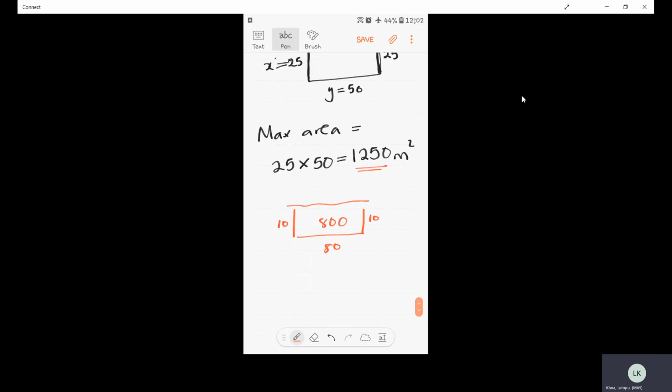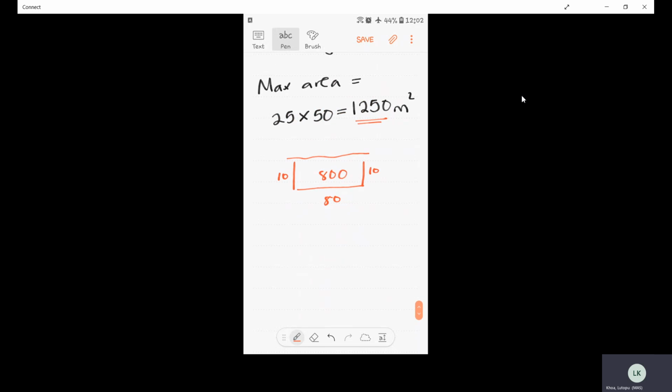Then you can see, okay, what if I try and make the two sides closer in length? Let's say you use 30 and then 40. So this side is 30. This side will also be 30, so that's 60. You're left with 40 over here.